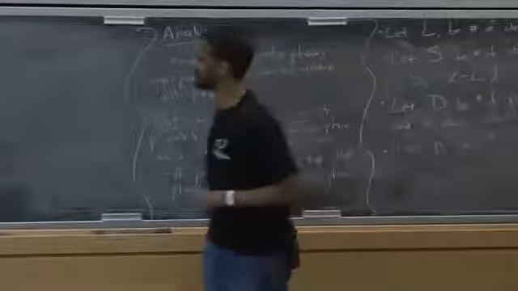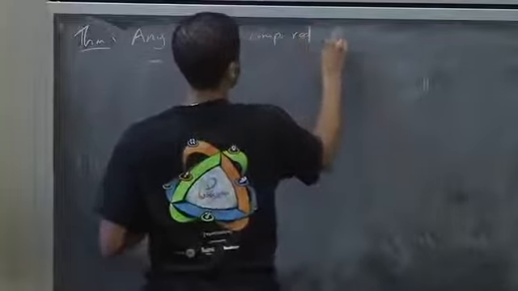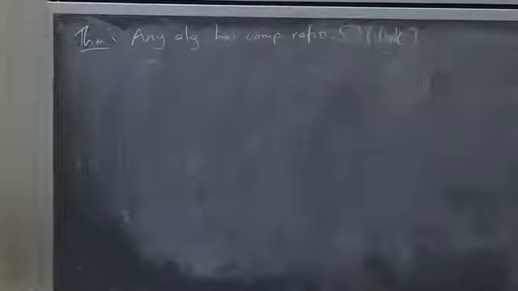So theorem: any algorithm has competitive ratio omega log k. Okay, proof.